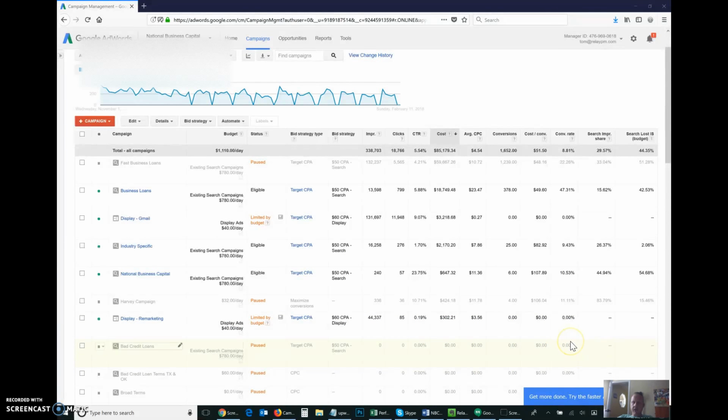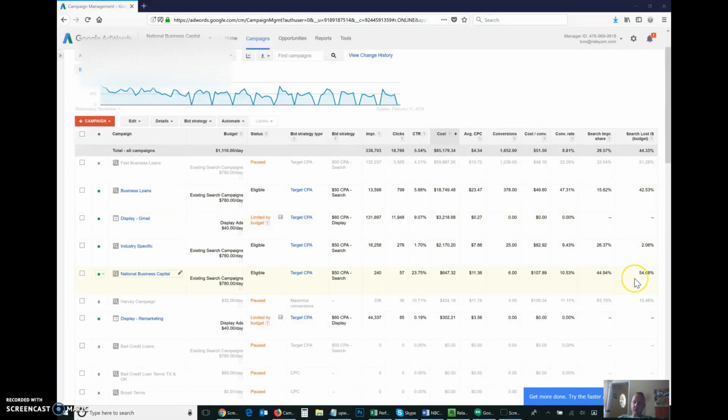I just had a conversation, we talk about this a lot with clients and potential clients, about how we view search lost impression share to budget. We generally manage our accounts to the budget, so we don't like to see a high impression share loss to budget in most cases.